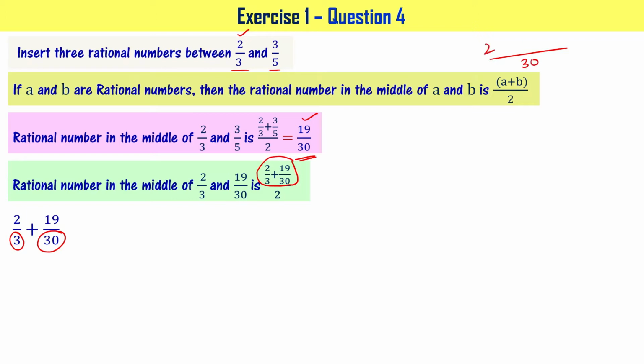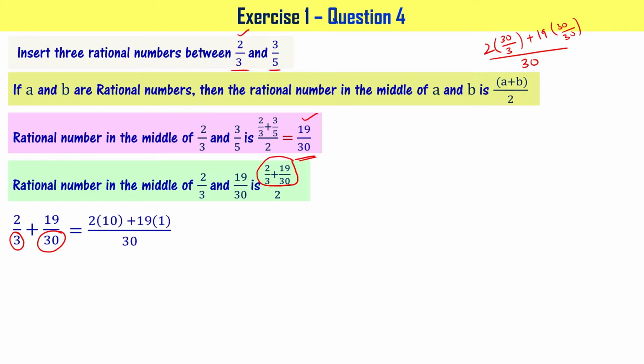Now I'm going to write the numerator as 2 times LCM divided by 3 in the denominator plus 19 times LCM divided by denominator, right? That can be simplified and written as 2 times 10 plus 19 times 1 divided by 30.